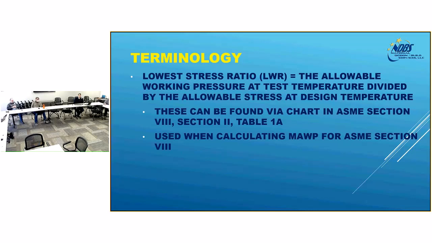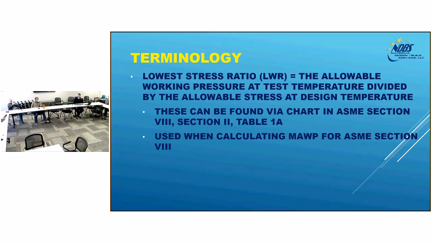So this is a term, the lowest stress ratio, that's used when you're calculating your allowable working pressure, maximum allowable working pressures. And it is in the ASME B31.1 and B31.3 and in Section 8. So when you're calculating, like for a vessel, for example, your maximum allowable working pressure, you have to normalize the pressure based on your actual temperature and pressure that the vessel's going to operate.